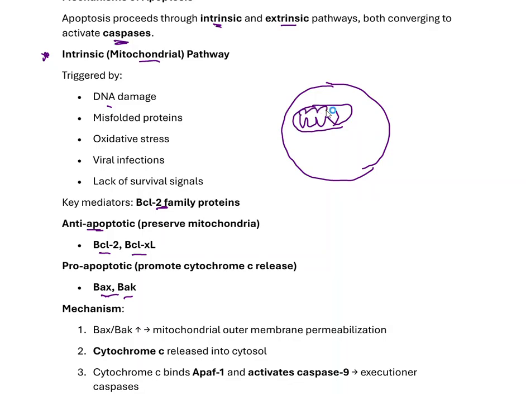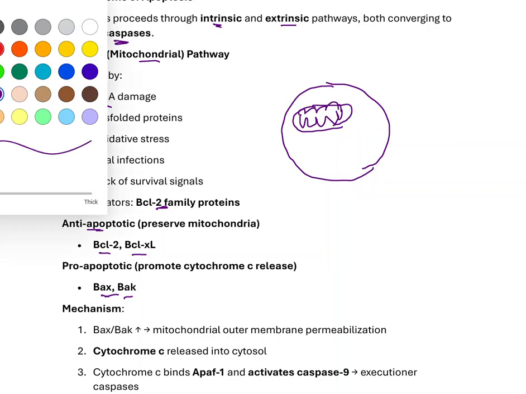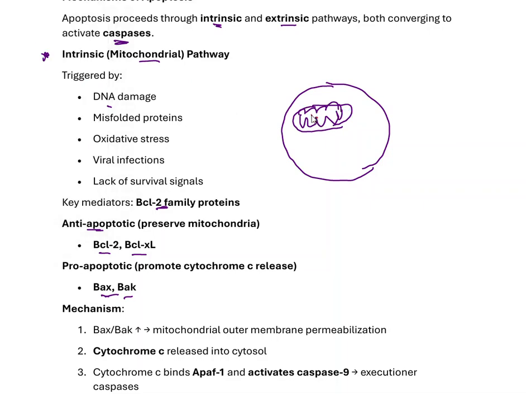And inside this mitochondria, there's an important chemical, which we call cytochrome C. This cytochrome C is present inside the mitochondria, and you don't want it to leave the mitochondria unless the cell wants to undergo apoptosis.